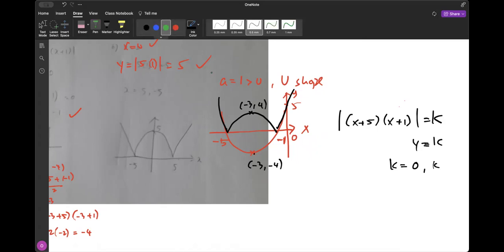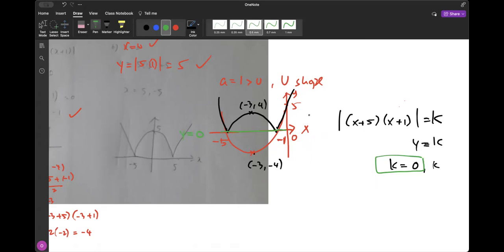Actually, the first point is here. Do you agree it's here? Because there is 2. What is the k value when it's here? What is the name of this line? S-axis, what is the y value on s-axis? Y is 0. And this line is y equal to 0. So the first value is k is 0.